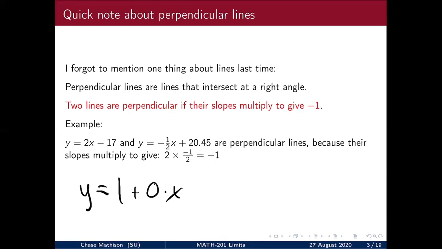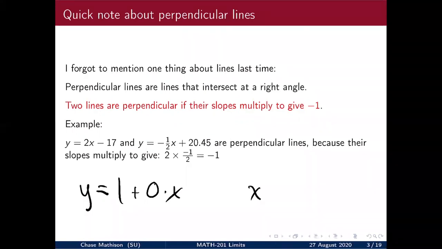So the one case that you need to be careful about is horizontal and vertical lines. So y equals 1 is a horizontal line, right? It goes through the y-axis at 1, and to get your next point, using the slope, you go up 0 and over 1. So that's a horizontal line. Any line that's perpendicular to this, we would say the slope is undefined.